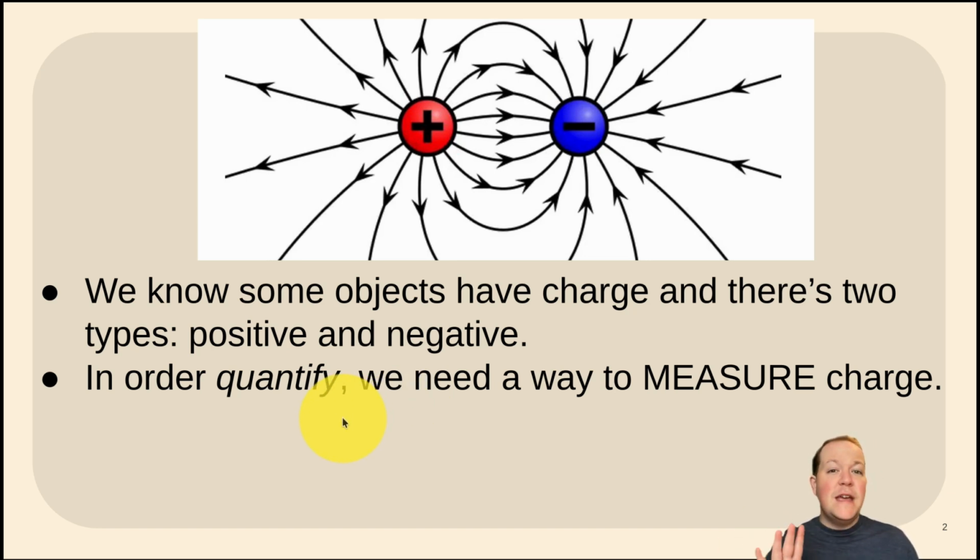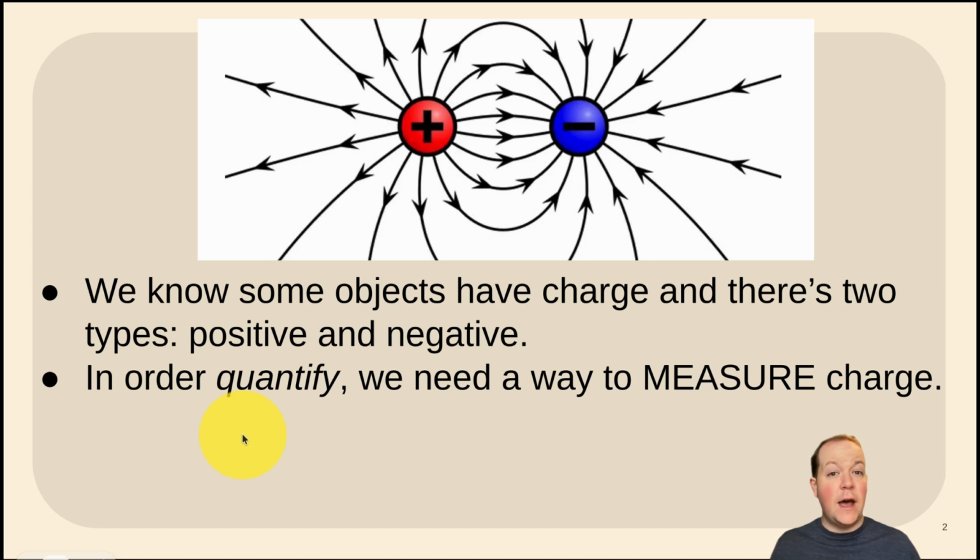But regardless, what we haven't yet done is quantify charge. We haven't talked about comparing the size of one charge versus the other. A real quick example: we know that there are large masses and small masses, a train versus a feather. We could even talk about how a train is able to apply more force, but we also have to be able to quantify the amount of size, using mass, using kilograms or grams.